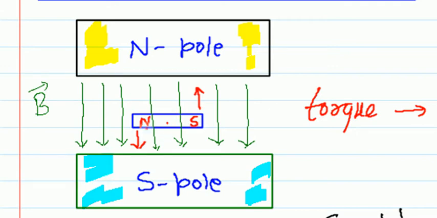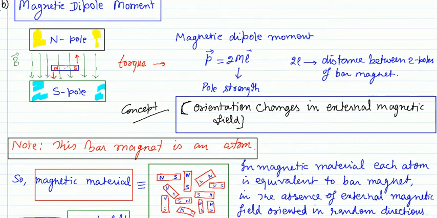So in between these two poles there is a bar magnet, and its north pole will be attracted towards the south pole. As a result there will be a torque, and because of that torque the bar magnet will rotate in this uniform magnetic field.